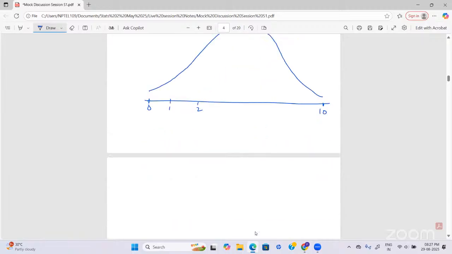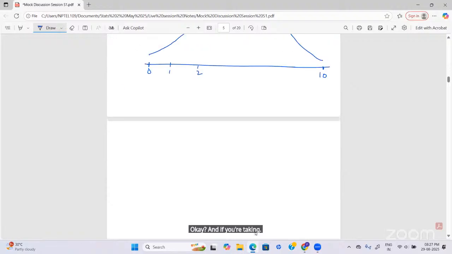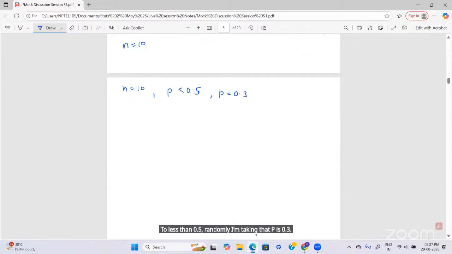And if you take n equals 10 and suppose P is less than 0.5, randomly I'm taking P as 0.3, then it will be right skewed, which means the graph will be something like this.